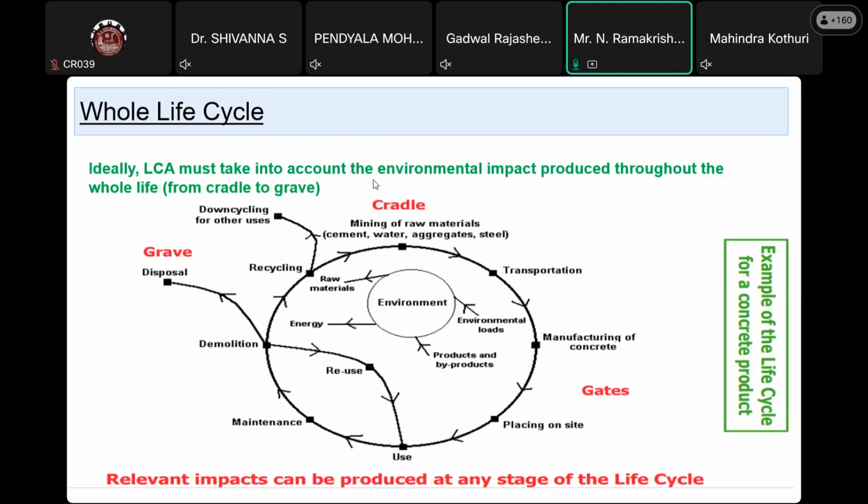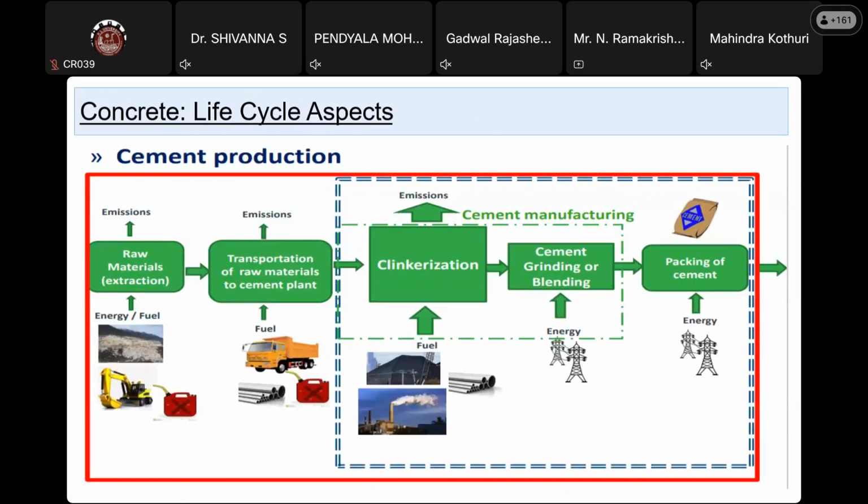But this is the starting of the material, birth of the material, death of the material. Instead, you can see here the raw materials and how they are going to be used, how the environmental loads are impacting, what the products and byproducts are, and how much energy is consumed. So you can see here, the pictures are very clear.